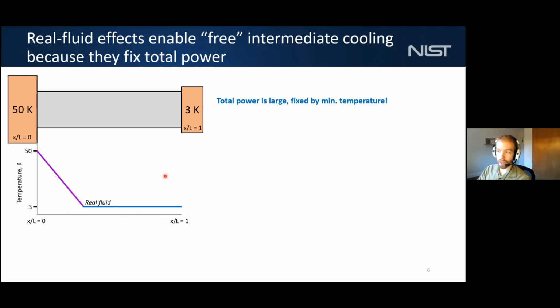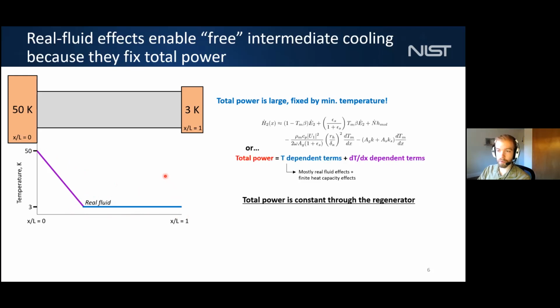And to explain why there's this flattening of the temperature profile, you have to analyze this total power flow. So I've got an equation for total power flow, and I don't need to go into the details here, but what's important to know about this equation is that you have a bunch of terms that are dependent upon the mean temperature at a particular location, and then you also have some terms that are dependent upon the temperature gradient.